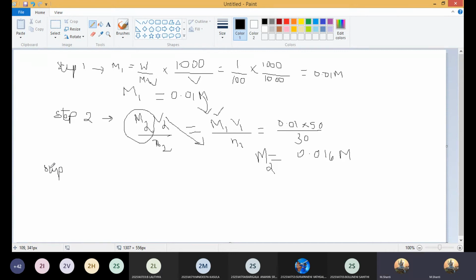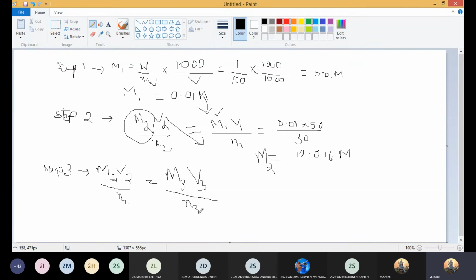Step 3, what is the title for this? Estimation of total hardness of water. Very good. So what is the formula for this? M2 V2 by N2 equal to M3 V3 by N3.